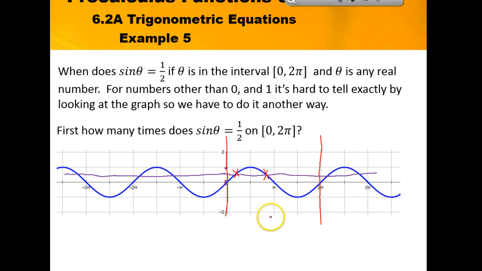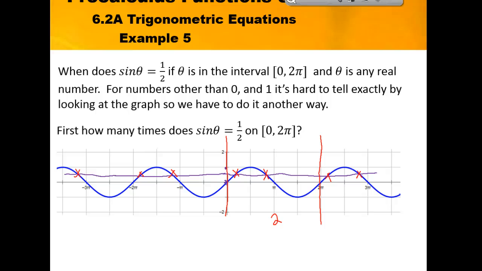So it's only happening twice on the interval 0 to 2 pi. And then again, it's happening here and here outside of that interval, and then again here and here, and then here, and there's going to be one over there too.